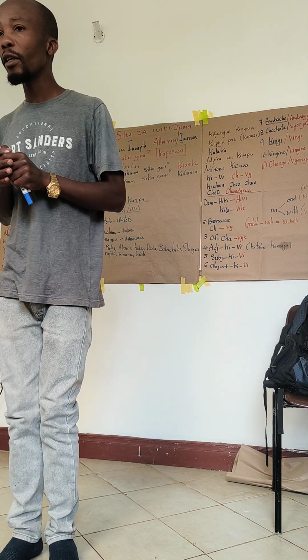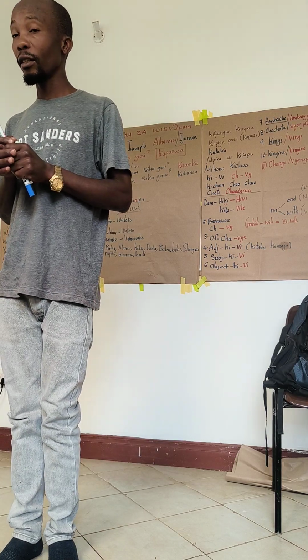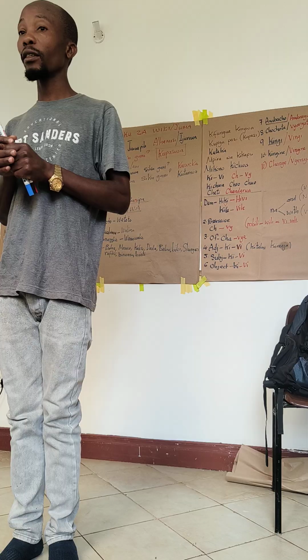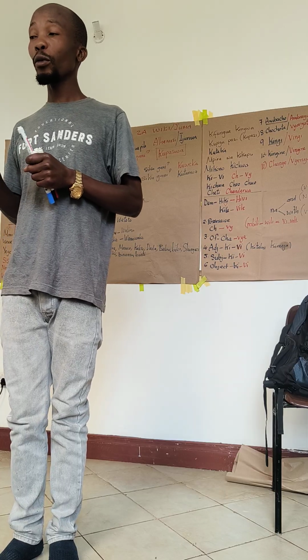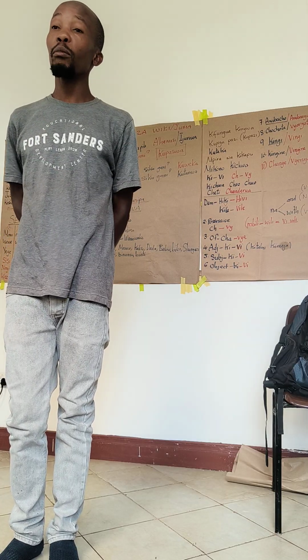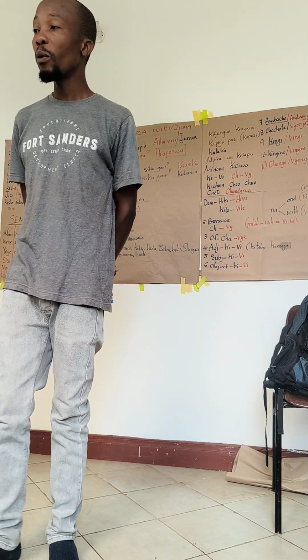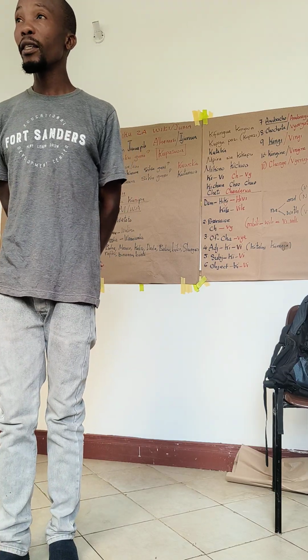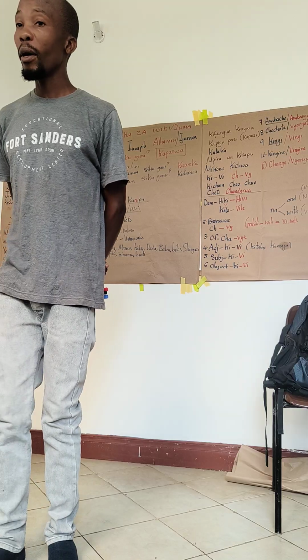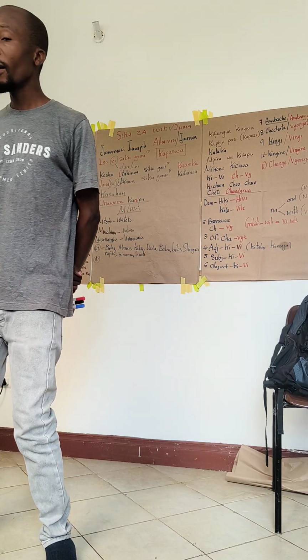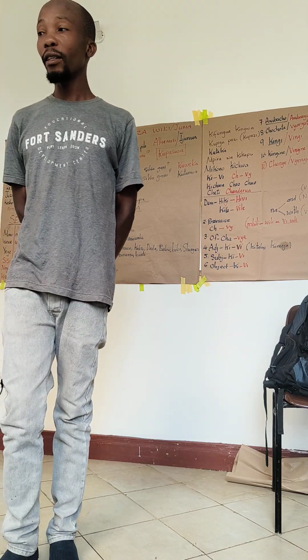Hakimu. What is hakimu? Judge. Sounds like judge. Hakimu is judge. But these professionals, most of them take the plural form ma. Let's say hakimu, mahakimu. Polisi, mapolisi. Daktari, madaktari. Dereva, madereva. You understand?